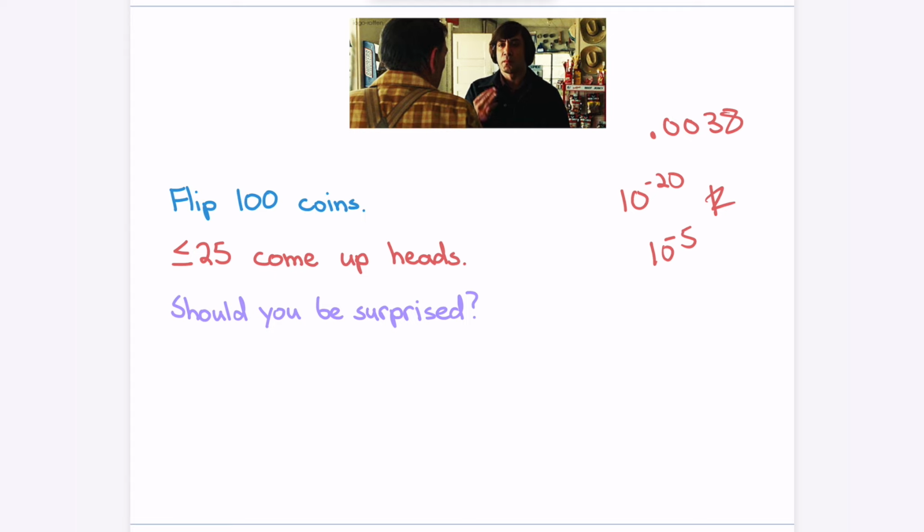Well, hopefully you all thought about it a little bit. The answer is 2.8 times 10 to the negative 7. So that's 10 to the negative 5 percent, still way less than 1%. It really adds up to a very small amount. That whole section from 0 to 25 is very, very small. Not quite 10 to the negative 20, but very small.